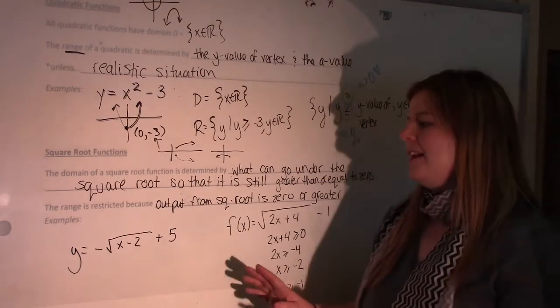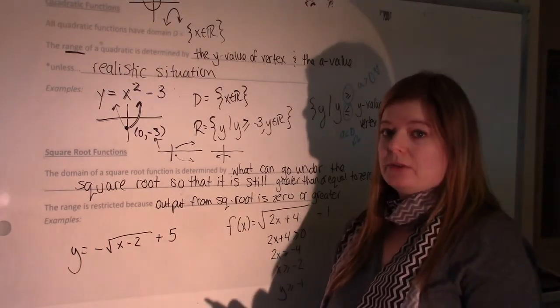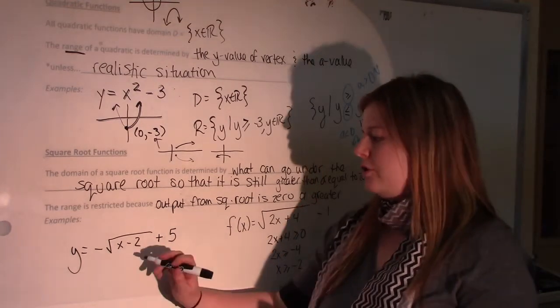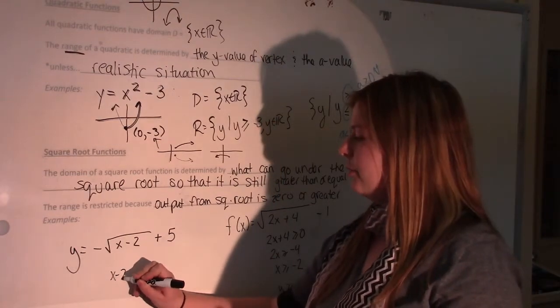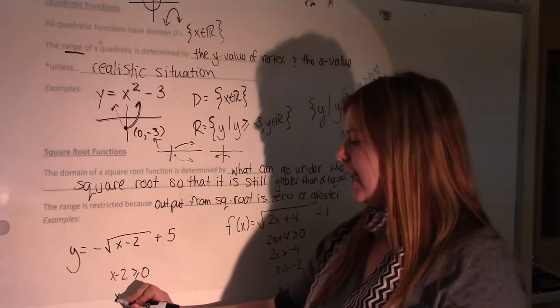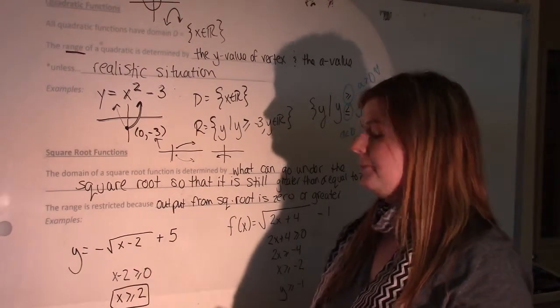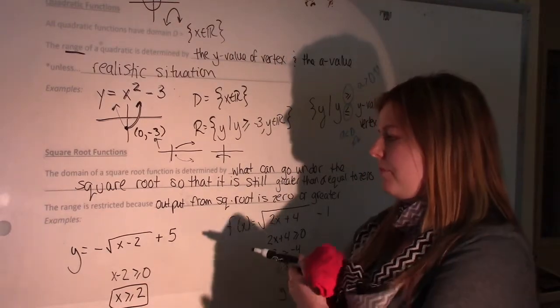So the domain has to be anything that would make the square root 0 or greater. So x minus 2 has to be greater than or equal to 0. So that means x has to be greater than or equal to 2. That's your domain.